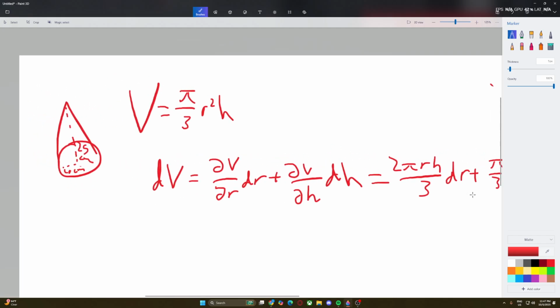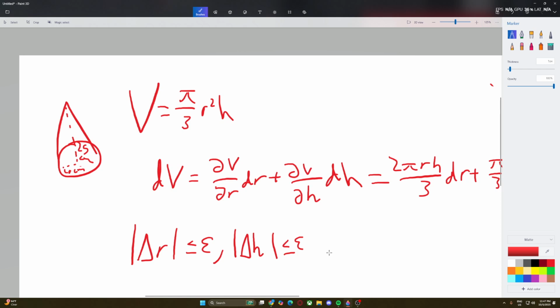And we have to remember that the change in the radius is less than or equal to the error epsilon, and so is the change in h.